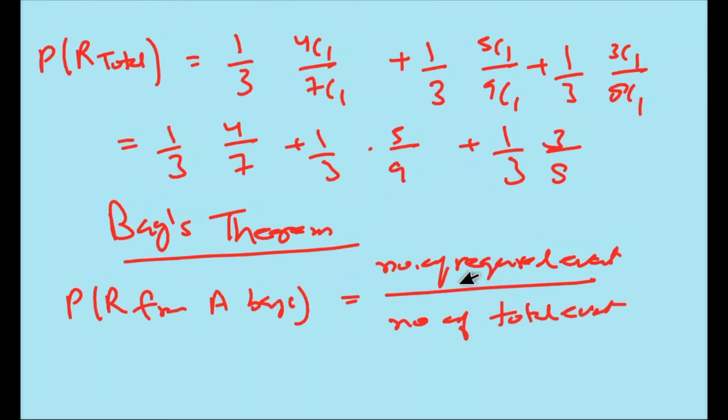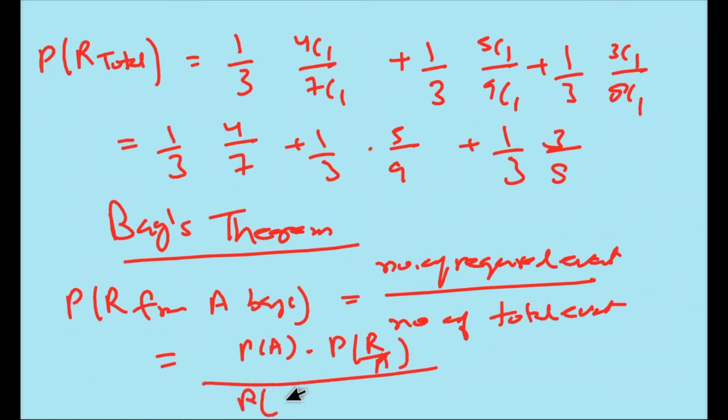Using this formula, the required event will be from the A bag, that is P(A) into P(R) upon A, and here the red ball coming is the total. Okay, this is the Bayes theorem.